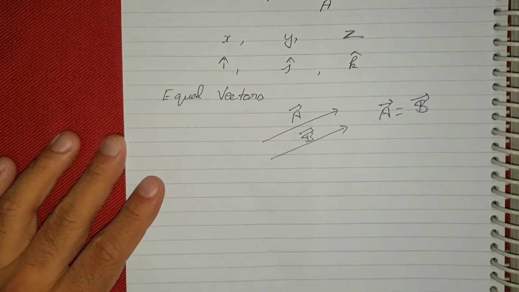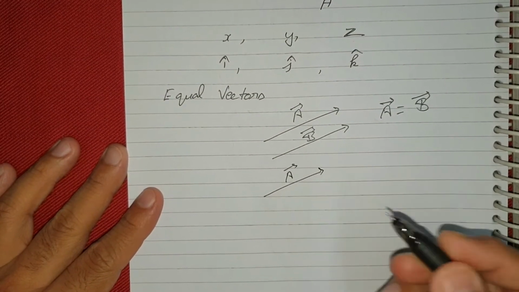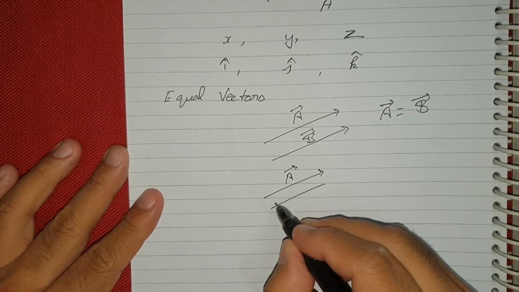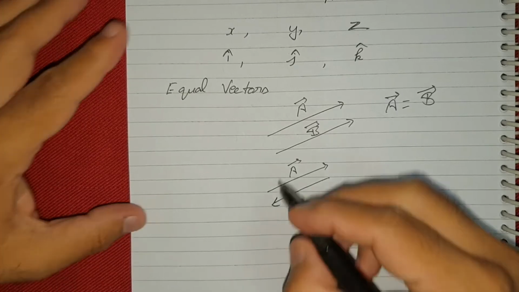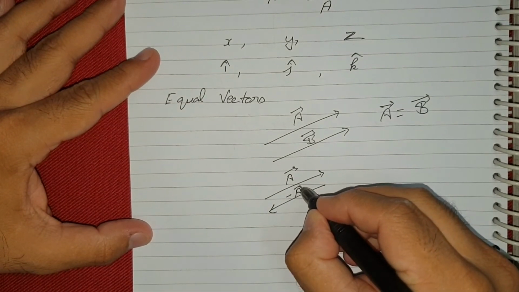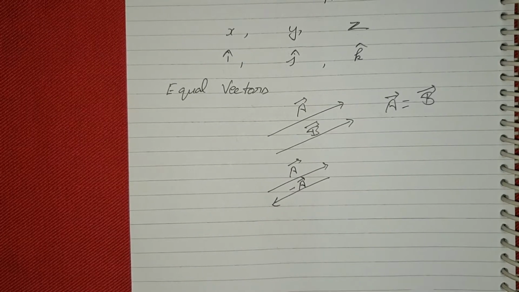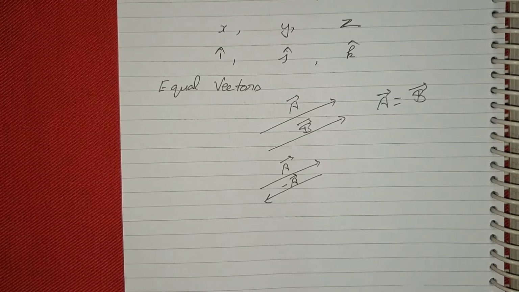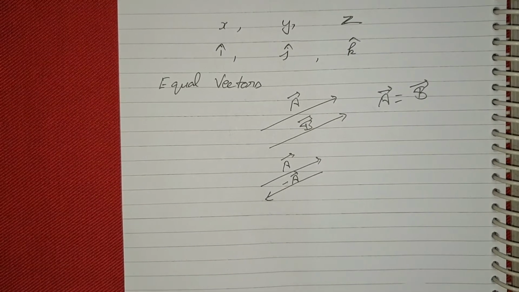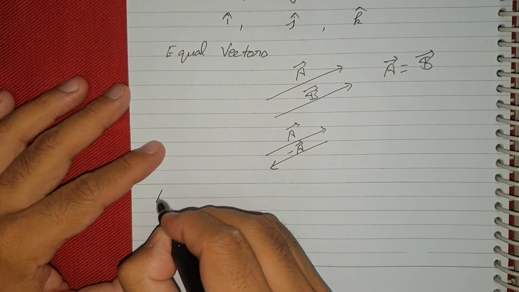Now, suppose you take the vector A, and we draw another vector in the opposite direction, but of equal magnitude. That is represented as minus A. The minus sign is because of the opposite direction. In the same way we can define a negative of a vector, or negative vector.